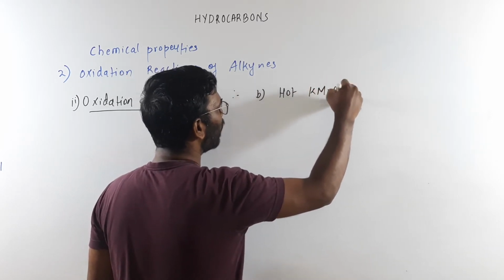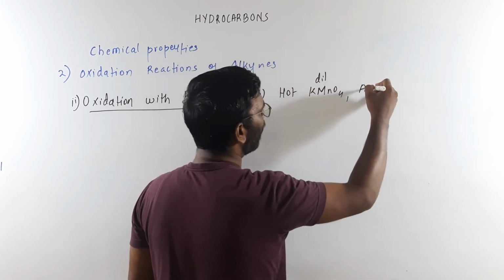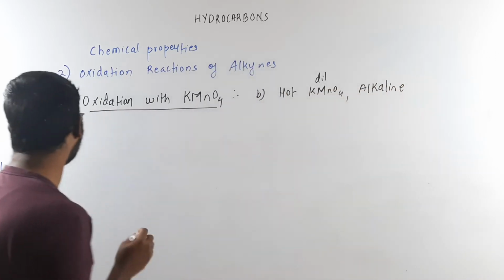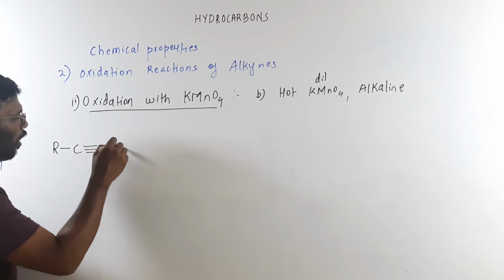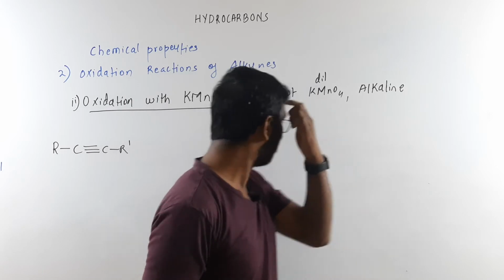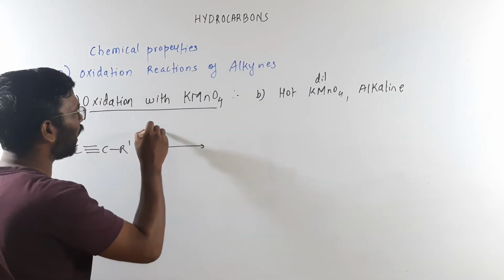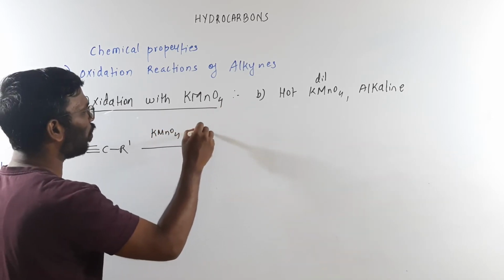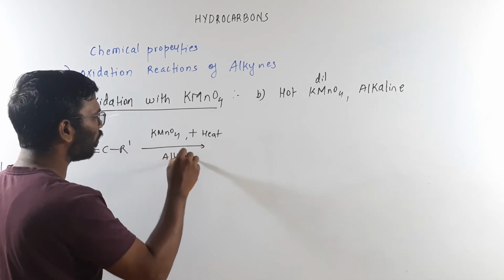The KMnO4 is still dilute, and the medium is alkaline. I'll write the reaction here. This is the alkyne. Both R and R dash may be the same or may not be the same. If we use these reagents, KMnO4 with some amount of heat, and the medium is alkaline over here.